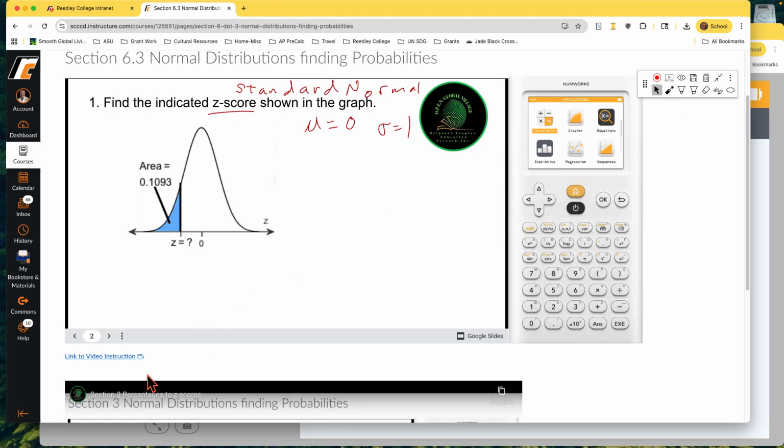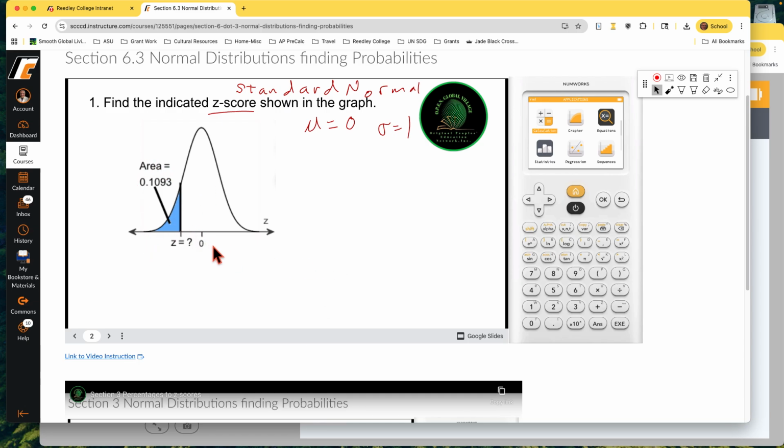All right, so let's look at a question. So this one, we're just given a normal drawing. We're asked for the z-score, right? And we're given the area. Now, in the past, we were given the z-score and asked to find the area, either below that z-score or above the z-score or between the z-scores, right?